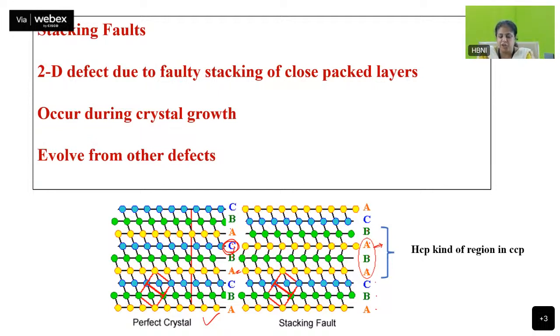So what has happened actually is this was a CCP and you have introduced this small HCP kind of a region in CCP. And why has that happened? Because of the fault in how the layers are stacked. And because it is a fault in how the layers are stacked, this is called stacking fault. They can happen during crystal growth and they can also evolve from other defects. Okay?